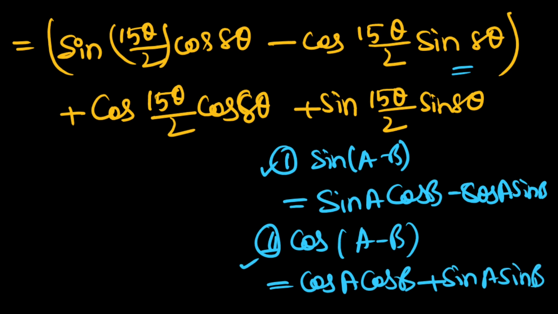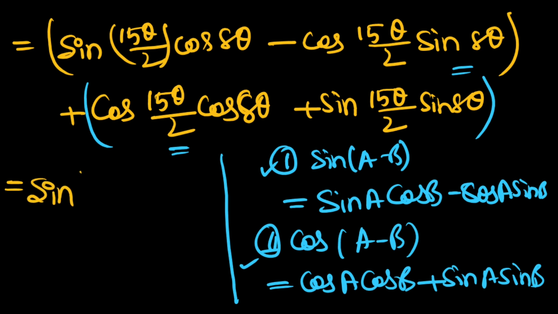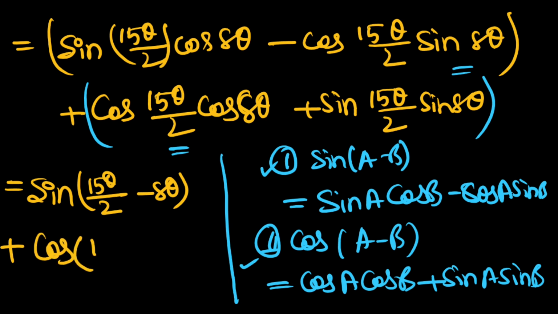We use this for the second pair. So the first gives sin of (15 theta over 2 minus 8 theta), and the second gives cos of (15 theta over 2 minus 8 theta).